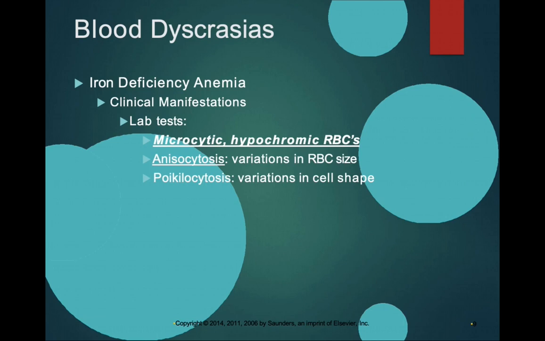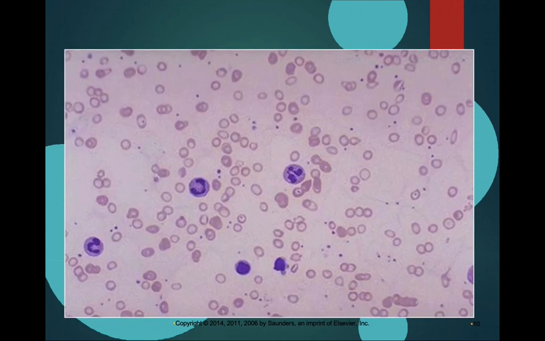So here we're looking at microcytic hypochromic. These are much smaller, and you can see very little color in these. These are white blood cells. These look like neutrophils because there's about three, four heads to the nucleus.